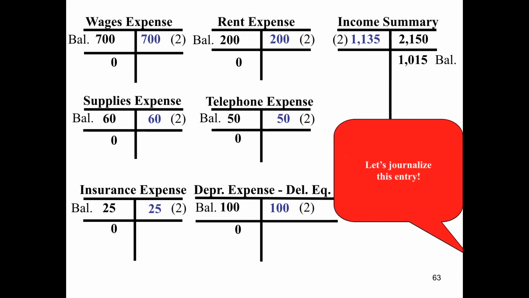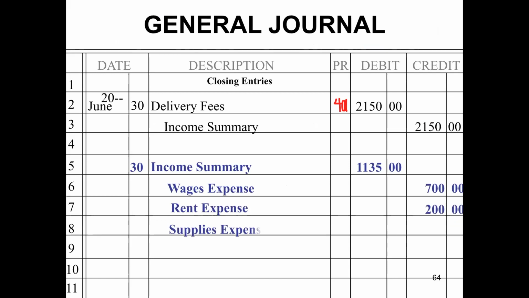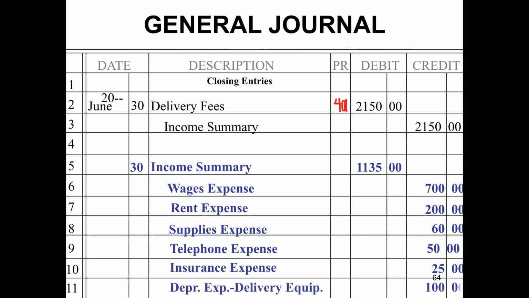Now, let us learn how to journalize this entry. First, the income summary account is debited by 1,135. Then, all the expense accounts are credited like this. Wages expense 700, rent expense 200, supplies expense 60, telephone expense 50, and insurance expense 25, and also not forgetting depreciation expense for delivery equipment 100.